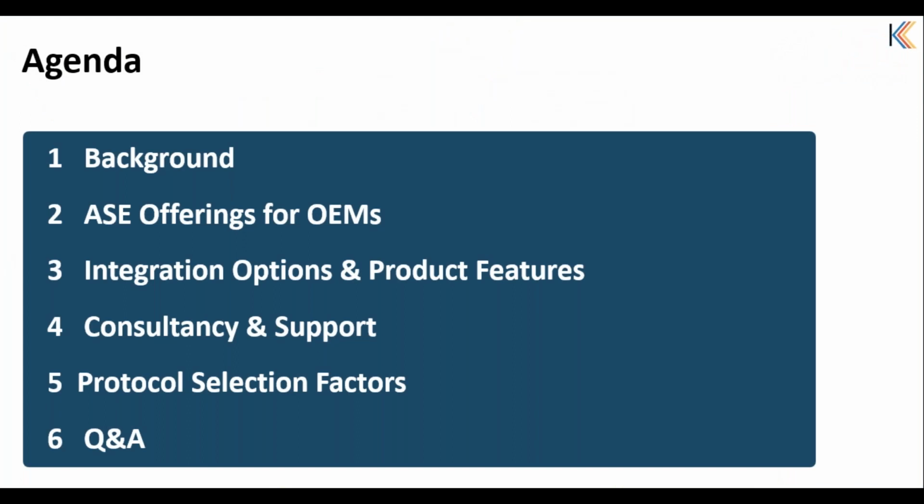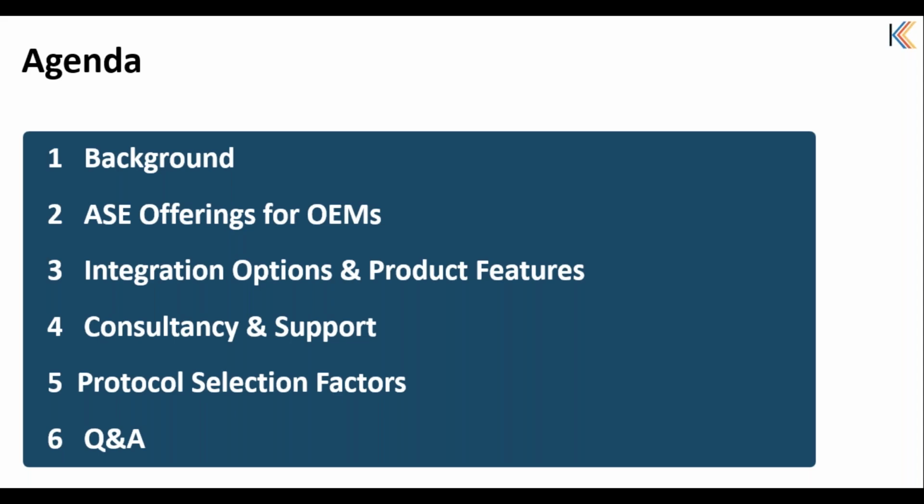So here's the agenda for today's session. We will talk a little bit on the background of UL1741 SB or IEEE 1547 requirements, how the ASCS offering can help you in complying with the standard, primarily from an OEM standpoint, how the OEM products can be complied with UL1741 SB or IEEE 1547 requirements.